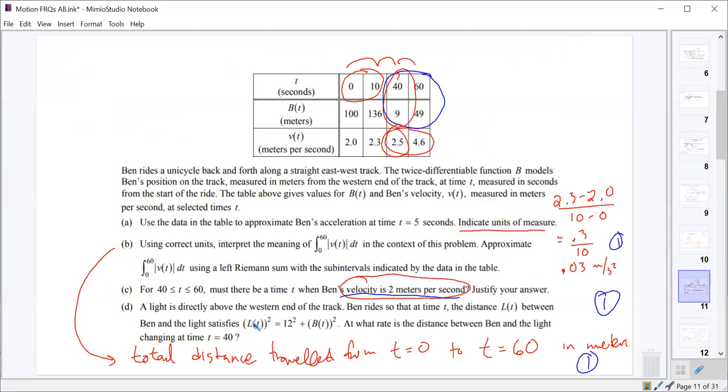Okay, perfect. Then we'll have to figure it out because we know that b at 40 was 9. We're going to use this to figure out what L is at 40. L squared equals 144 plus 81, and that would be 225. So L must be 15.